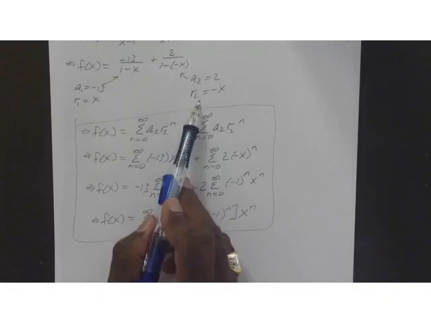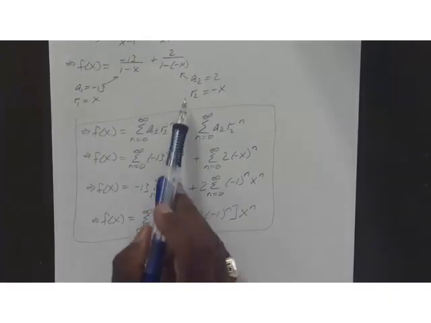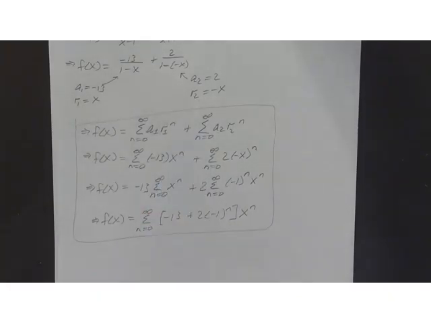To find the radius of convergence, we just need to have the absolute value of r be less than or equal to 1. I mean, less than 1. If it's equal to 1, it's inconclusive.